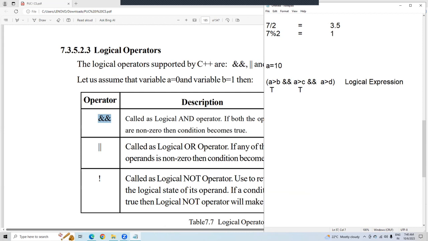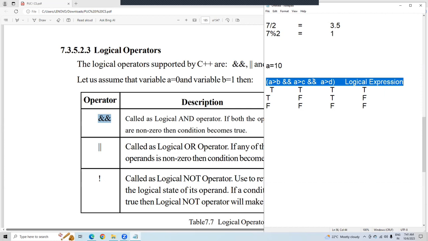If any one condition is false, even though all others are true, it is false only. And if all the conditions are false, that time also it is going to be false. That means you will get true only when all the conditions are true. In all other situations, it is going to be false.